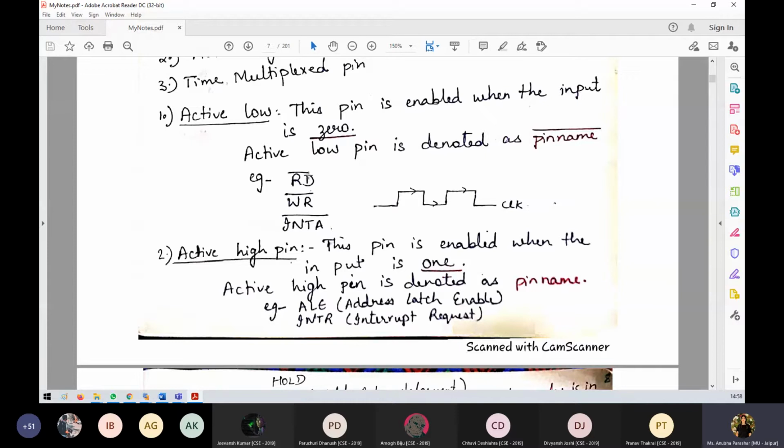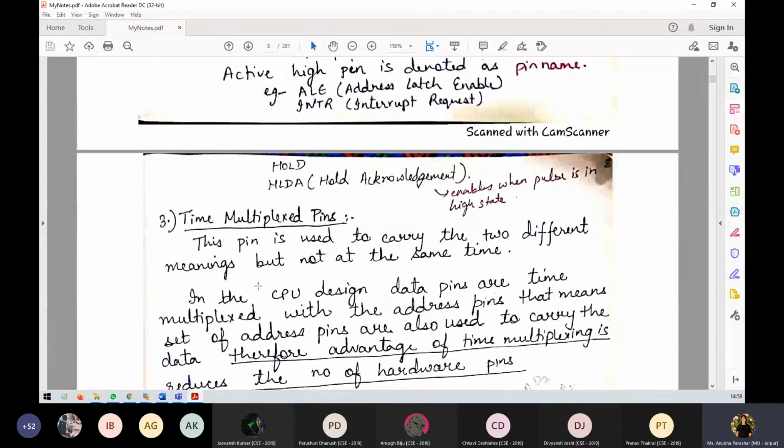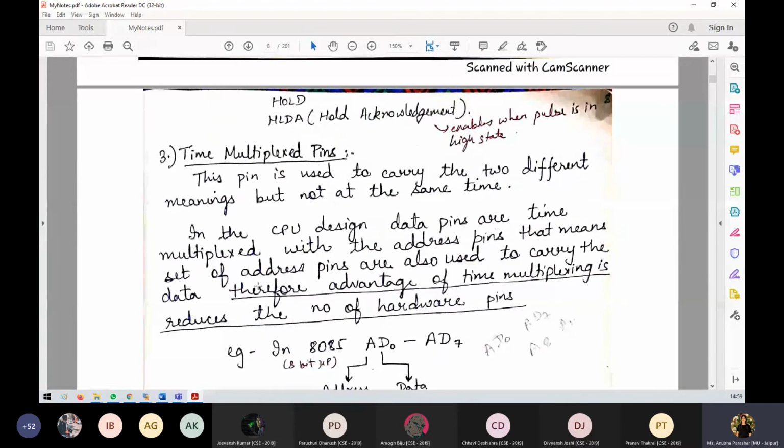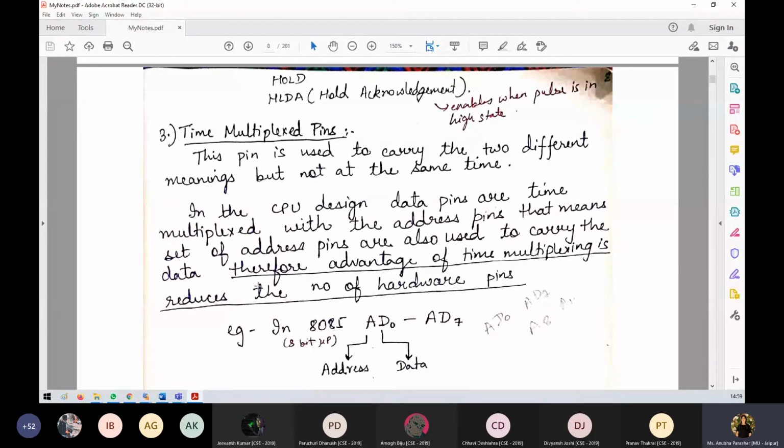Active low generally means if I give 0 as input, it will be active, and when I give 1, high is active. In binary you have only two things, low and high, 0 and 1. So when will it be high? When you give 1. Next, there is the time multiplexed pin.